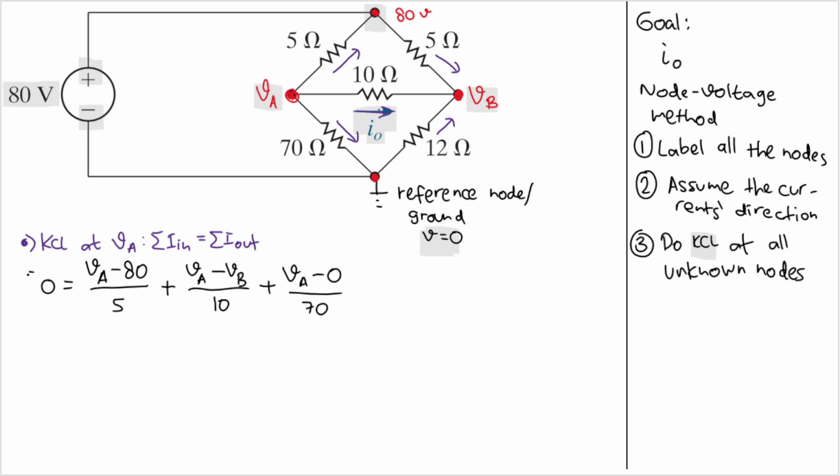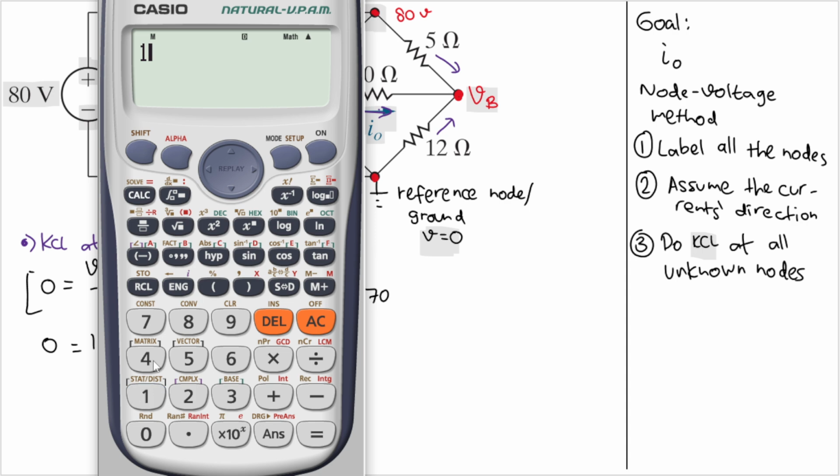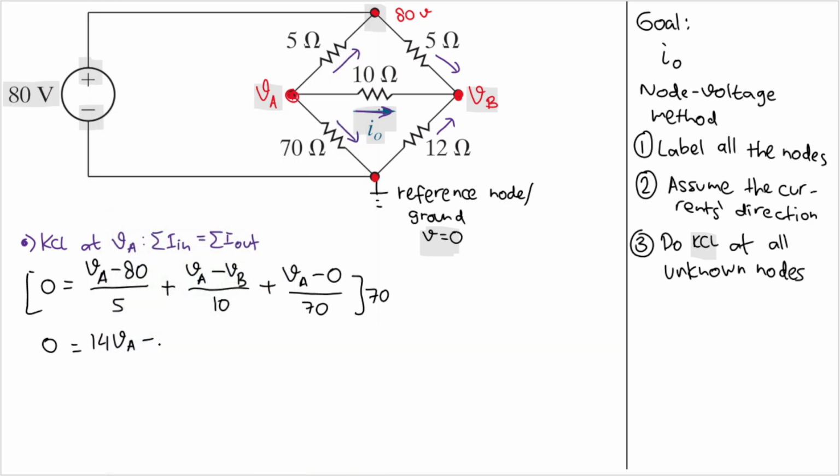Now let's multiply both sides here by 70 to get rid of the denominators. On the left hand side, I will have 0, and on the right, 70 VA. Then 5 and 70 will cancel into 14, so I will have 14 VA, minus 14 multiplied by 80, which is 1120.